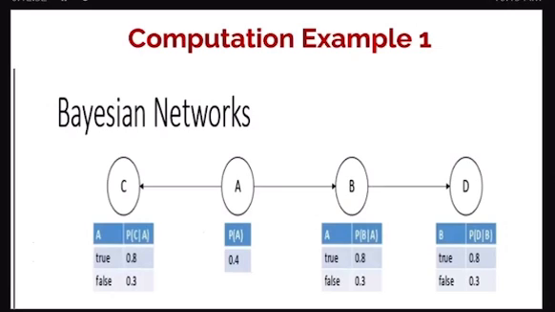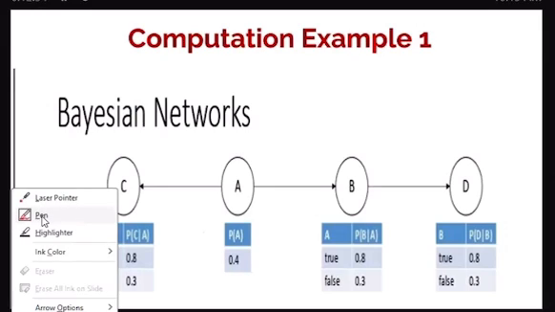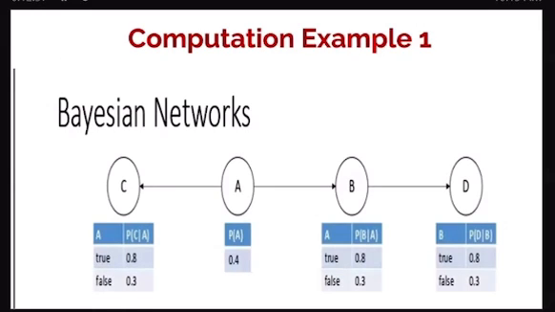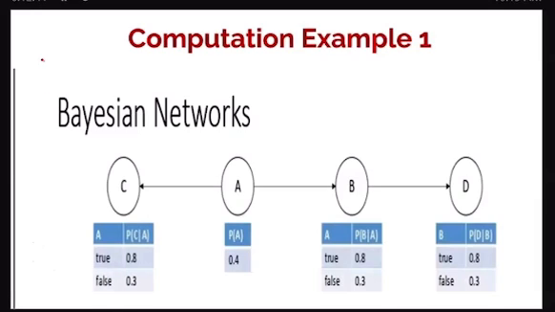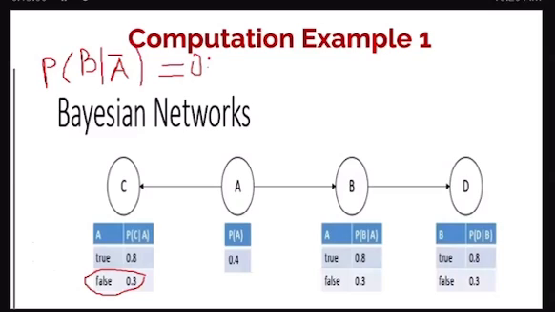Maybe I should come here. So what is the probability of B given A complement? Can you see what I'm writing, right? So it's going to be this guy, which is 0.3. Does that make sense? False, false. That's what it means.